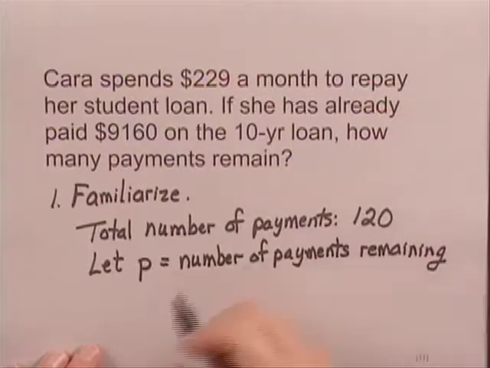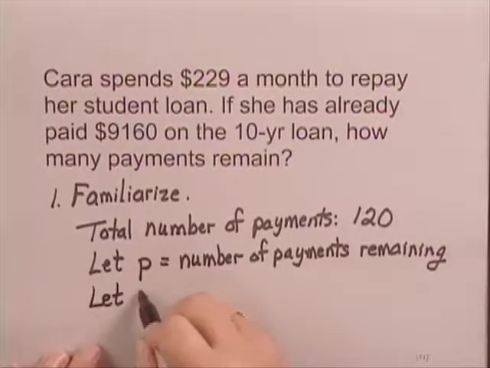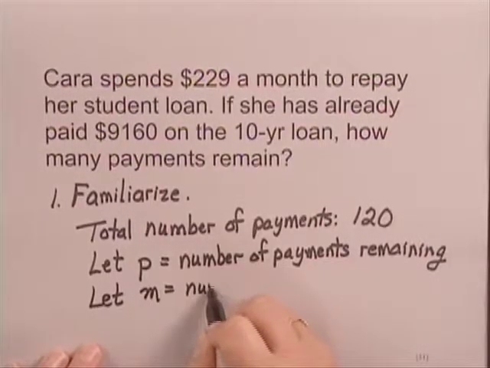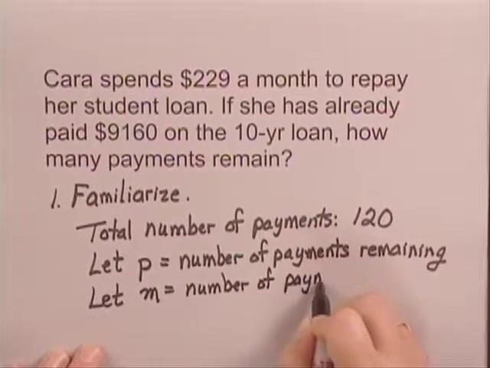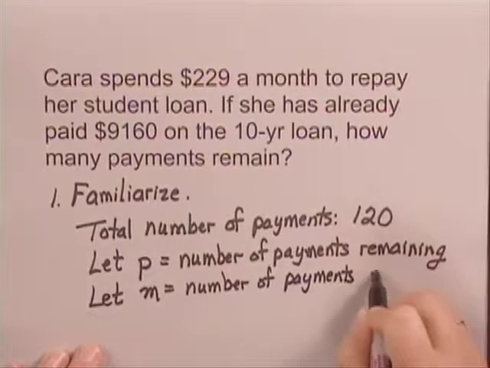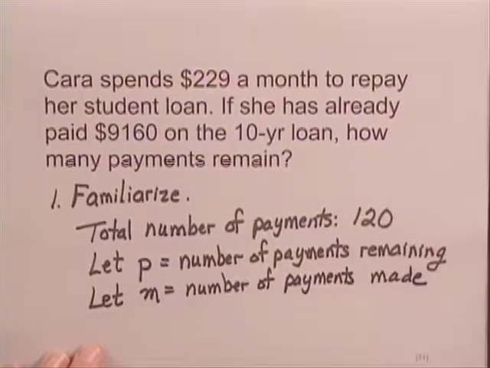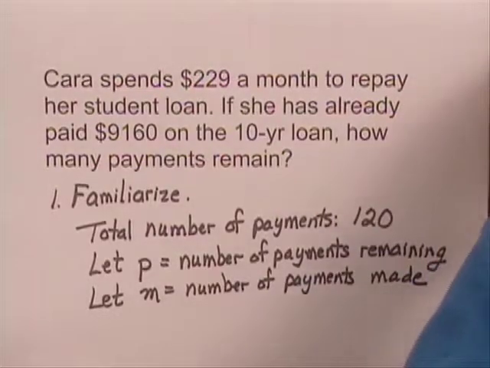And we'll let M equal the number of payments that were already made. And that gives us a start enough to go on to the next step, which is to translate.